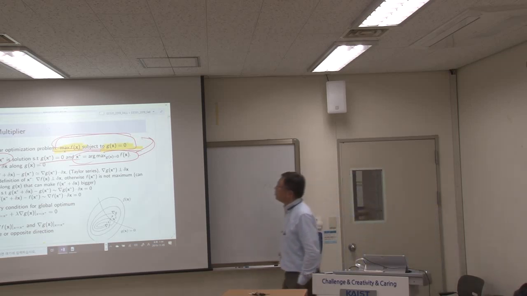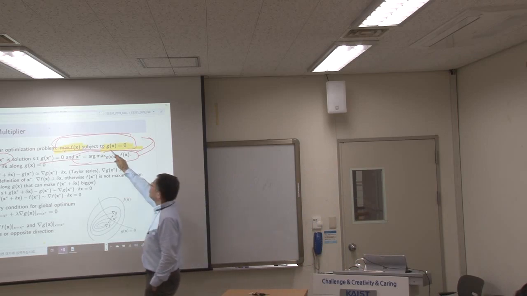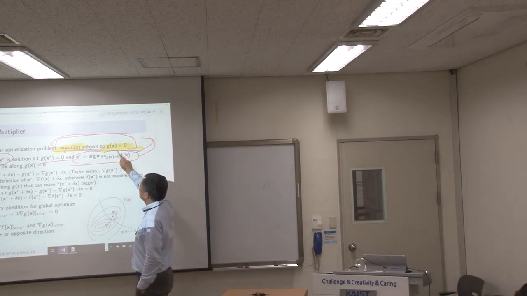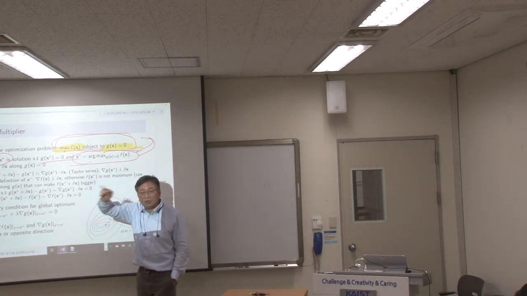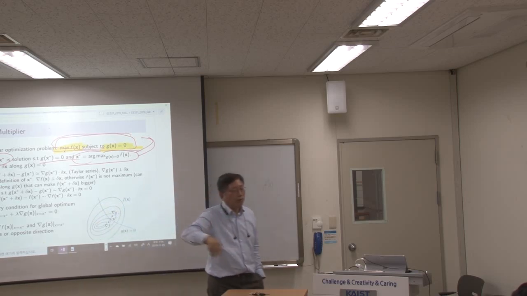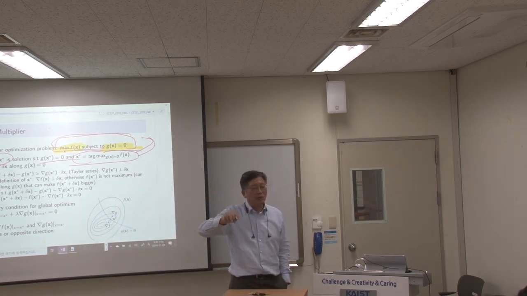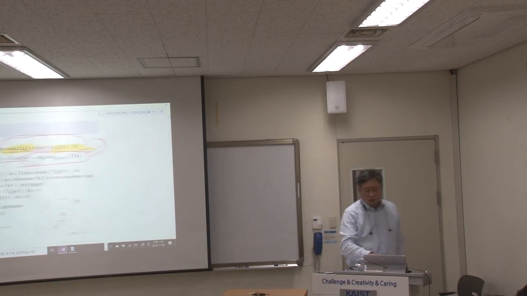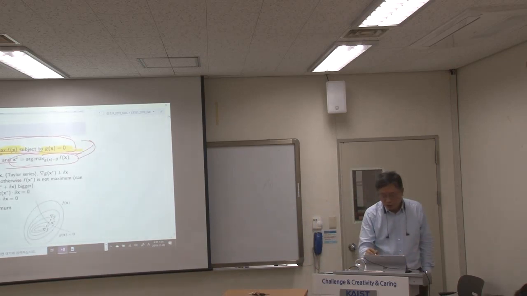Now I want to consider g(x) equals 0. This is one particular contour, a contour plot of g(x).